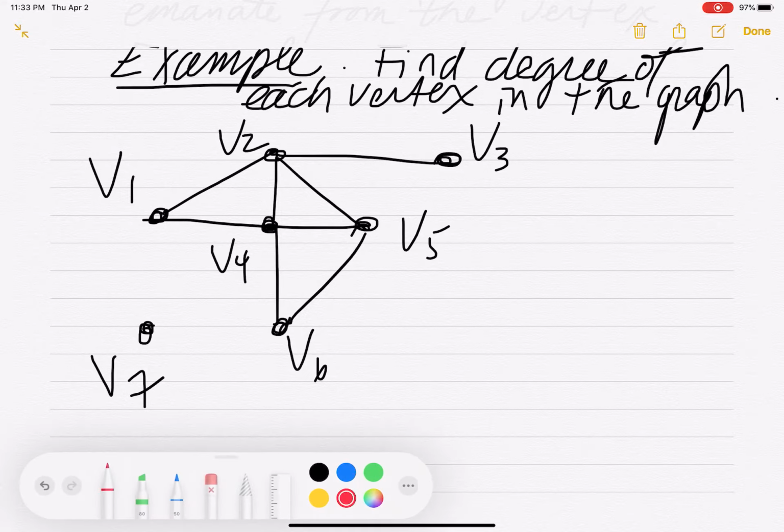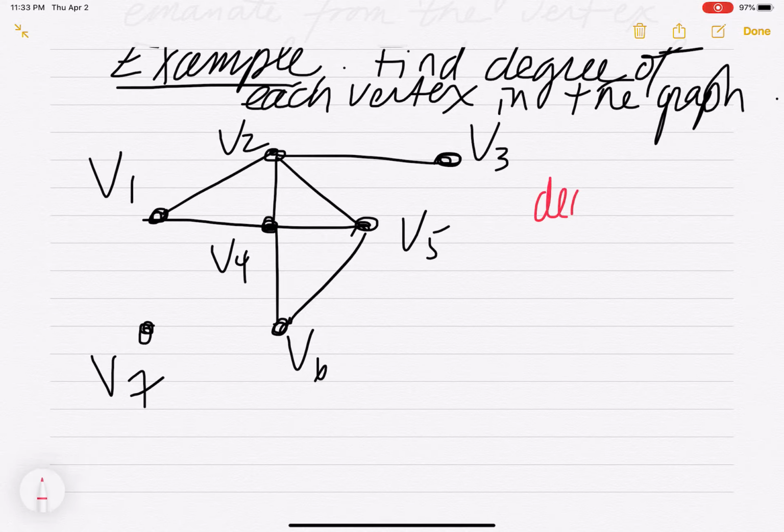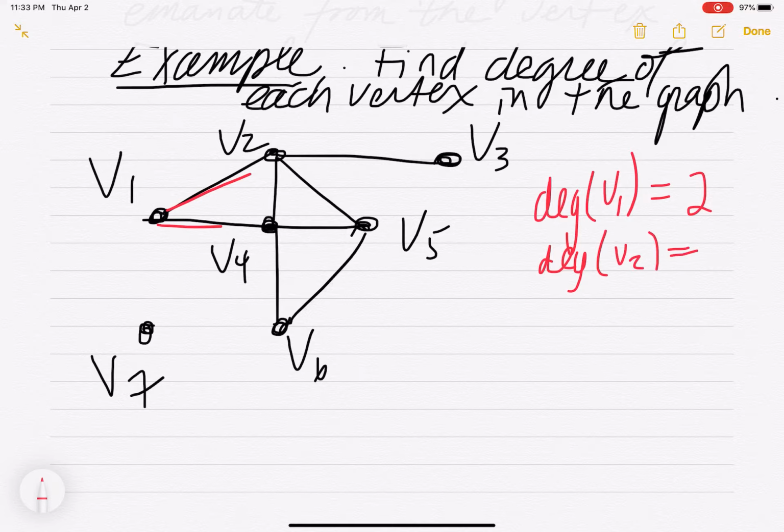The degree is the number of edges that emanate. So the degree of V1, we're going to write deg of V1, so it has what? 1, 2 edges coming out of it, so the degree is 2. Degree of V2 has what? 1, 2, 3, 4 edges coming out of it. Degree of V3 has just 1 edge going there to the left, so it's degree 1.